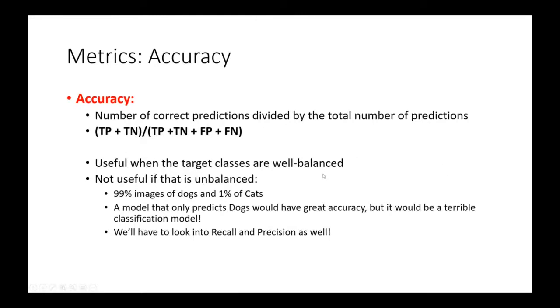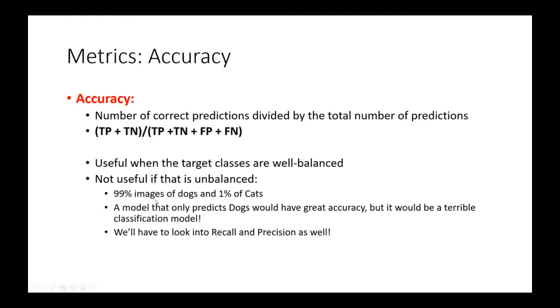Okay, so this is useful. Accuracy is useful if the target classes are well balanced. So for instance, if I have the exact same number of cat and dog images, of positive and negative examples, or of any sort of classes, if I have n classes, I should have a well-balanced data set. It's not useful if the data set is unbalanced.